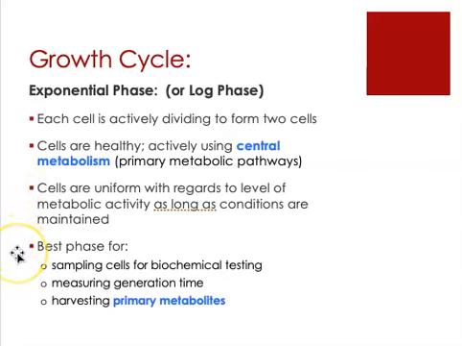This is the best time during culture to pull cells out if you want to do some biochemical testing of those cells, or if you want to measure their generation time, or perhaps you want to harvest some of the metabolites that they're making through metabolism. Remember, we often grow bacteria for industrial purposes or pharmaceutical purposes because we want to collect some products that they're producing. And the exponential phase is a good time to do that.